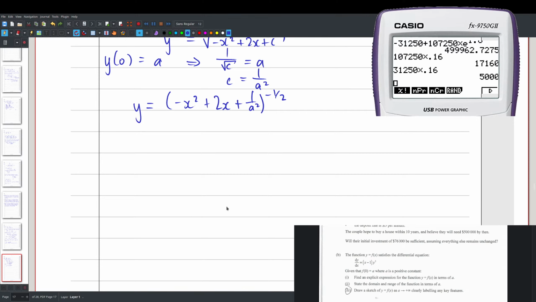I don't know, it's a bit suspicious because eventually negative x squared plus 2x plus 1 on a squared will go negative, and I can't really do much about that. Then y won't be real anymore. But that's clearly not the case, because the differential equation is well defined. It has a solution. It's an IVP.